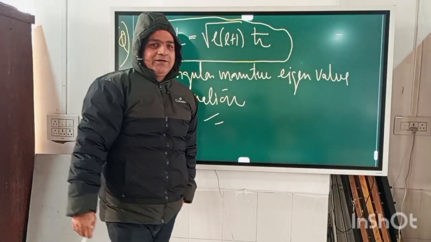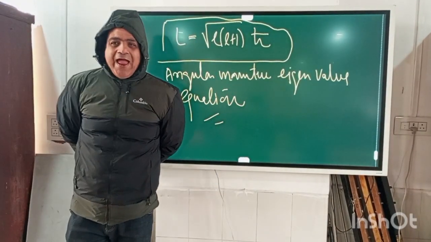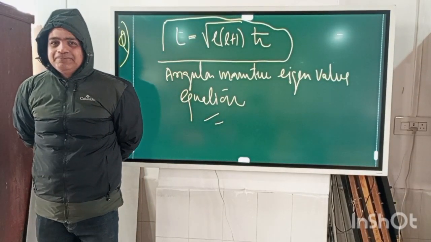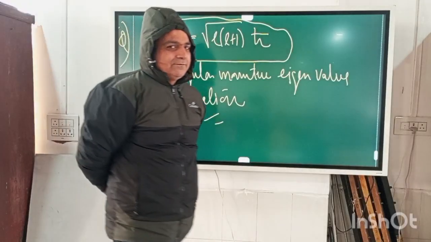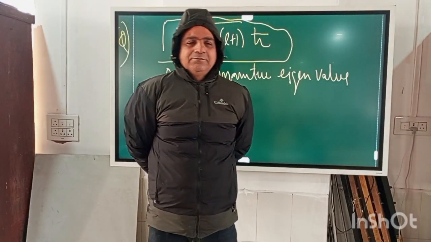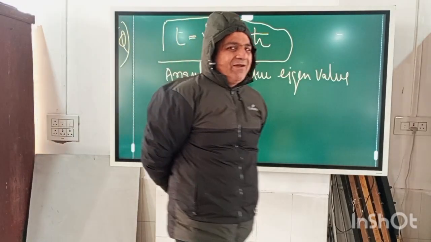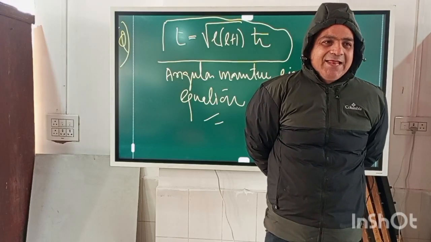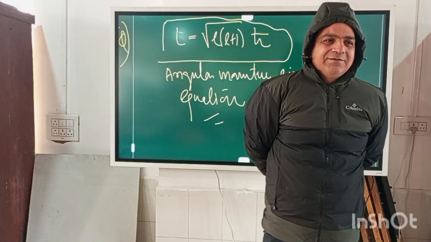Now let's have some discussion on it. What is the difference between the angular momentum that you have in classical mechanics and the angular momentum that you have calculated here? What's the difference? The planet Earth is moving around the sun. It has angular momentum. If I take the sun as reference, what about its angular momentum?